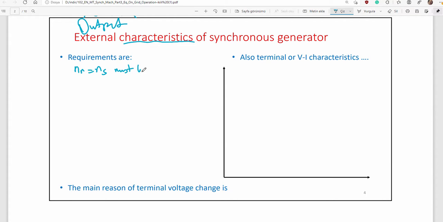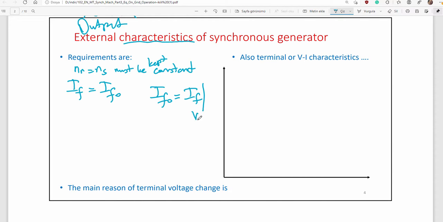And then field current must have such a value, IFO is the field current when there is no load, and terminal voltage is its rated value. I mean, let me show you.